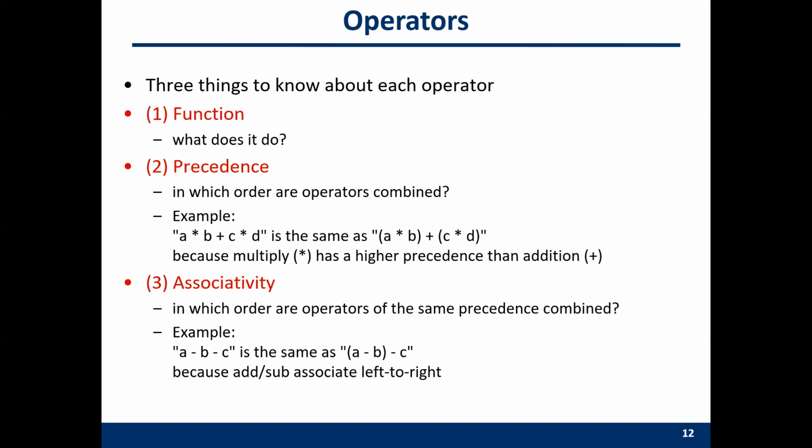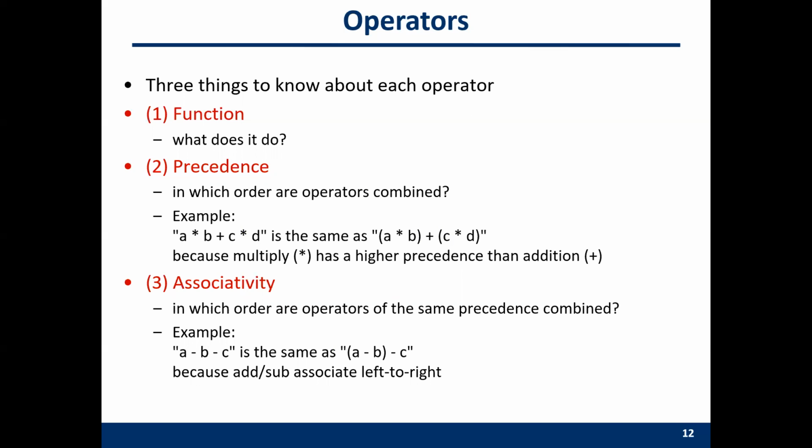So you need to understand three things about an operator. The first one is the function: what's the function of the operator? The second one is the precedence, which is the order in which the operators are evaluated. Here is an example statement.